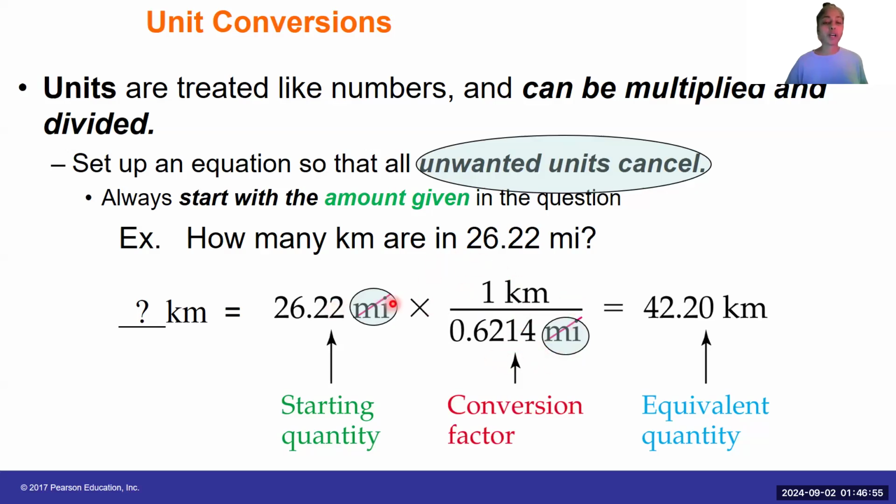Our units are going to cancel because I want kilometers in my answer. I'm going to cancel out my miles and I end up with 42.20 kilometers. My final value is based on the number of significant figures in my given amount and not on the number of sig figs in my conversion factor.